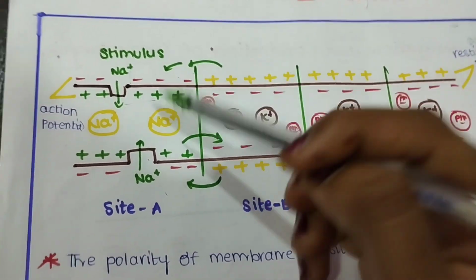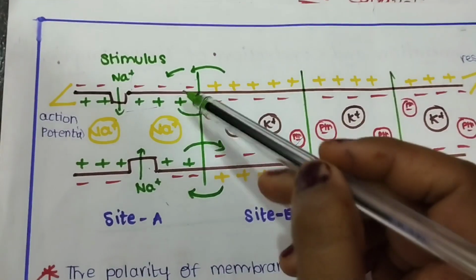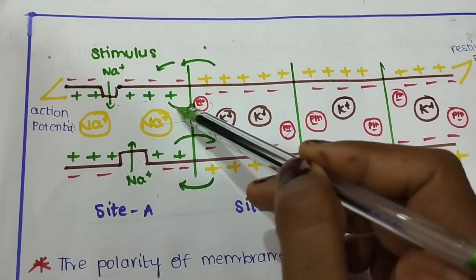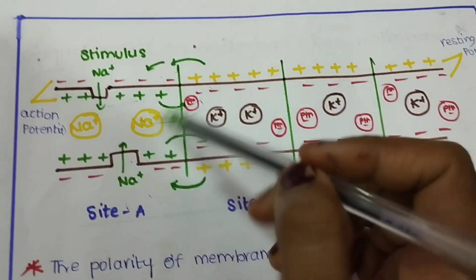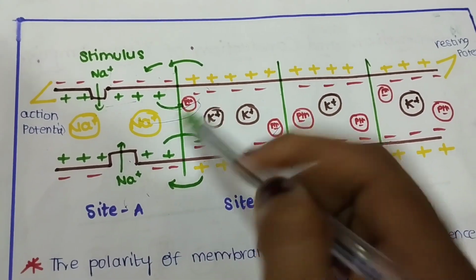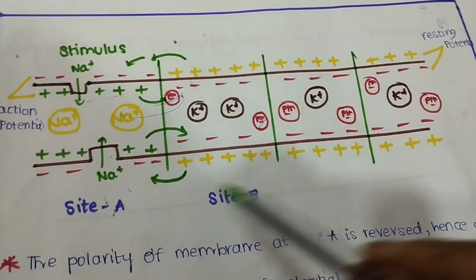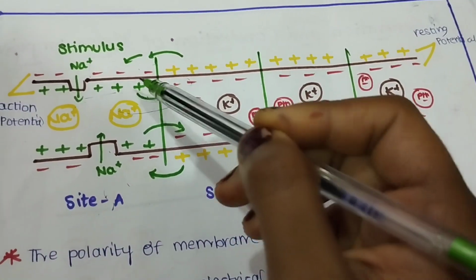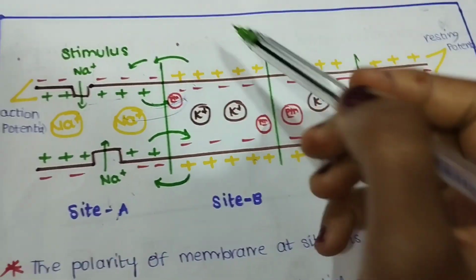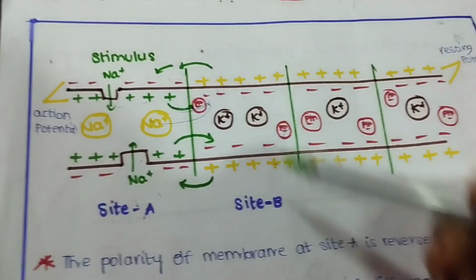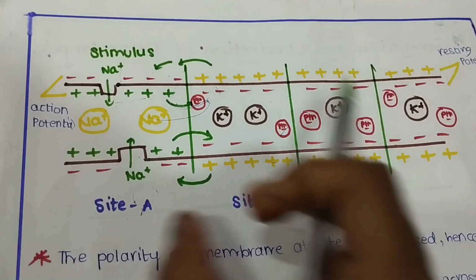Current should flow from positive to negative terminal. Inside, the current flows from site A to site B. Outside, positive to negative, from site B to site A.